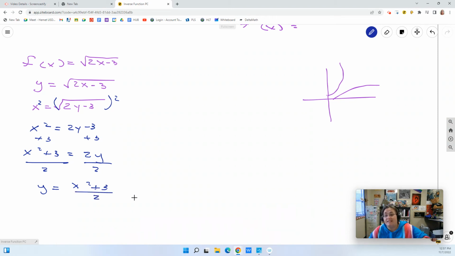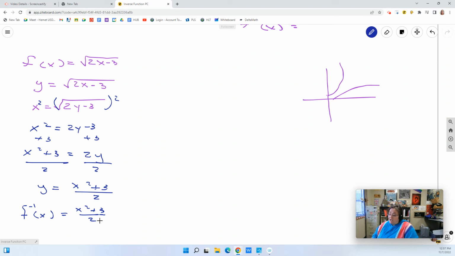I don't need to break that down or find anything else out. I know that I have gotten this right now. And now all I have to do once I've done that is rewrite it as f inverse of x equals x squared plus 3 over 2.